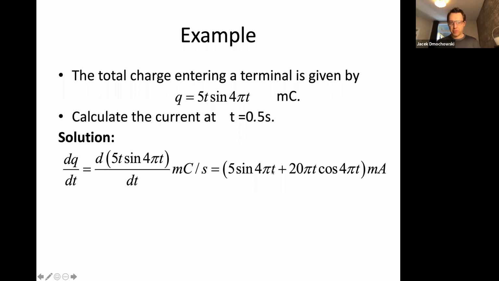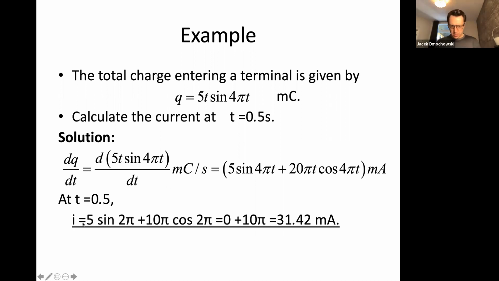Now we have to evaluate this function at half a second. You simply plug in 0.5 for t, evaluate that, and you get 31.42 milliamperes.